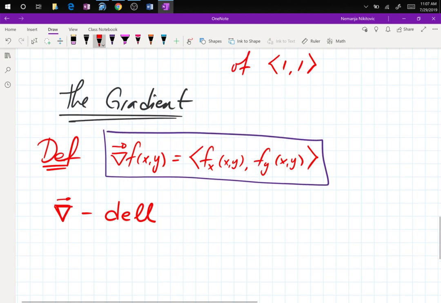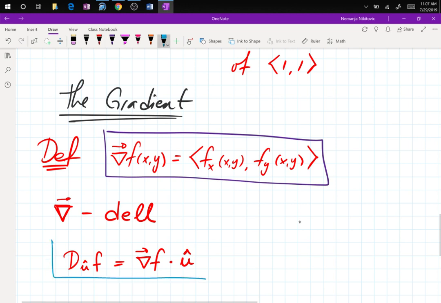So now you can recast your D_u f into del f dot u. It's a nice compact equation to remember. Remembering vector equations, especially if they are working in any kind of dimension, is very useful, rather than memorizing the 2D case and then the 3D case, and then you go to linear algebra and they say, well, in n-dimensional space, and you go, why?